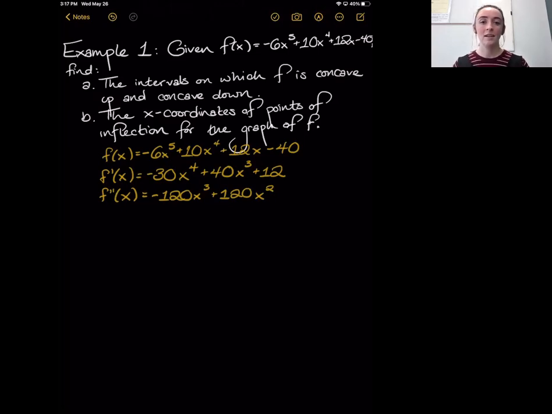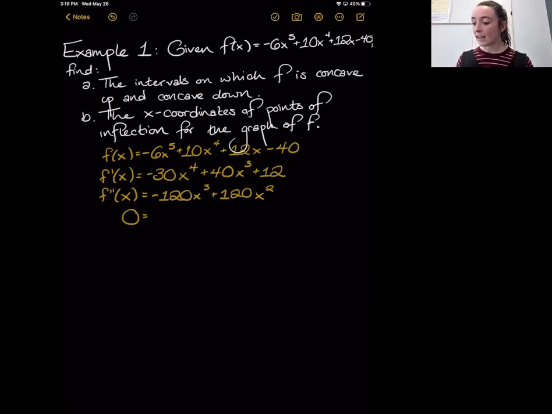Great. So similar to the first derivative test, we want to figure out where our second derivative is equal to 0. So let's set this equal to 0 and solve for x. At what x values is the second derivative 0?